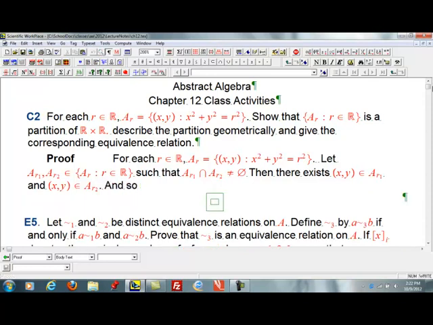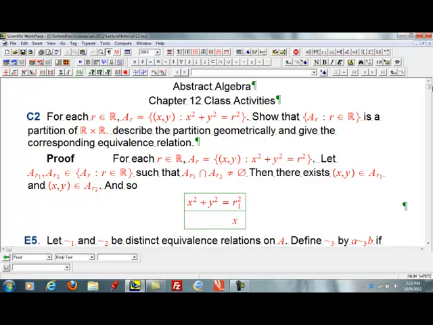Then x squared plus y squared is R1 squared, right? And x squared plus y squared is equal to what? R2 squared. Now, what does this tell you about your R1 and R2?